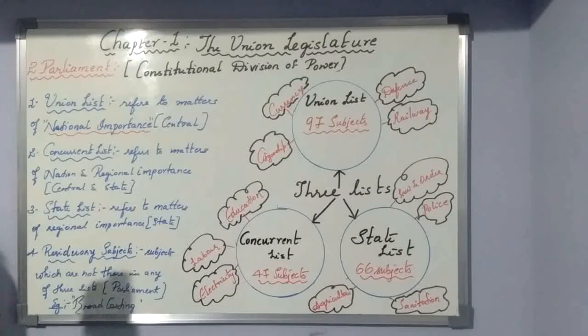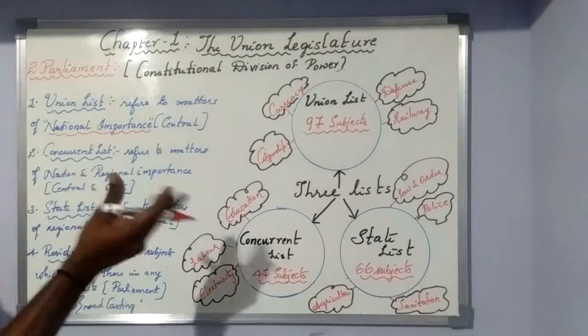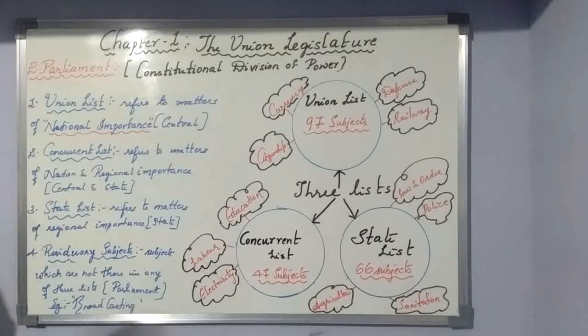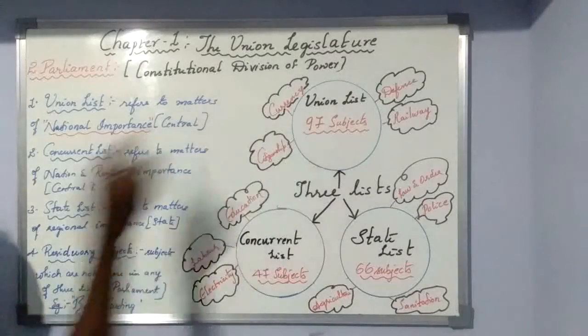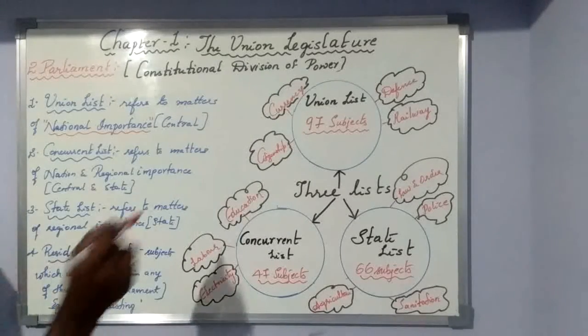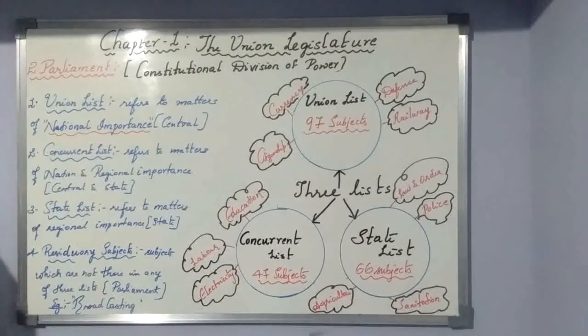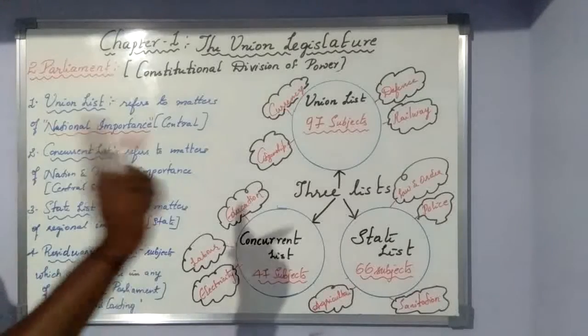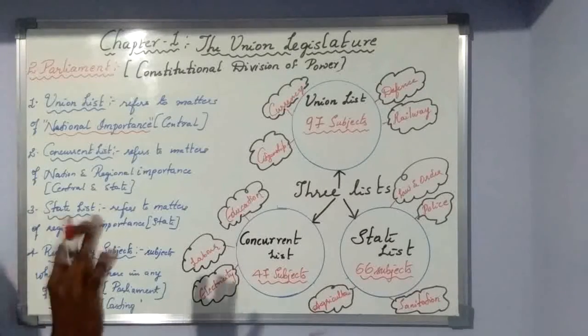So what are the examples we can give of national importance? In total, the union list has 97 subjects, related to national importance, where only the central government can make the law.